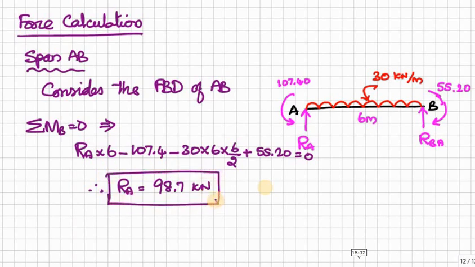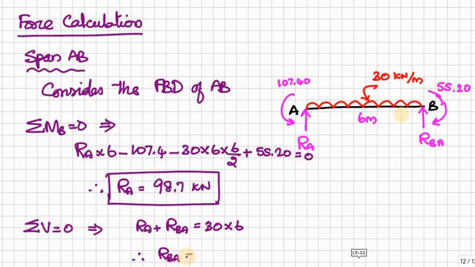Then applying sigma V is equal to 0, we get RA plus RBA is equal to the downward load 30 into 6. Therefore, RBA is equal to 81.3 kilonewton.